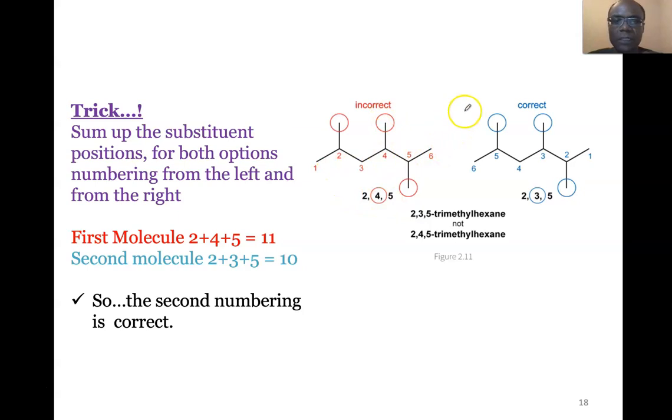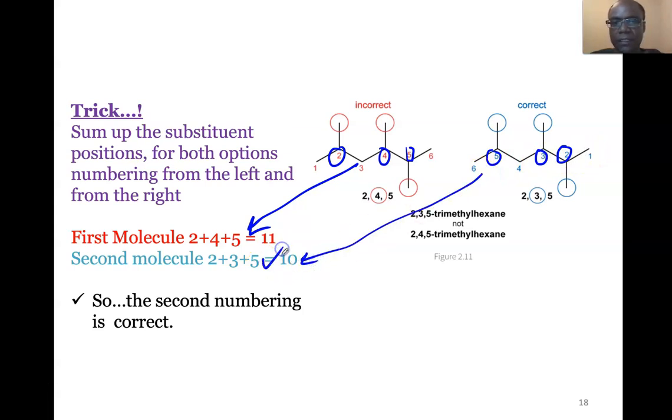Use the same application. So number from the left, right, the longest chain will be 6 carbons. Okay. And then sum up the substituents. So location, the locant position, you have 2, 4, and 5. In red, you get 11. Here you have 2, 3, and 5. Same molecule numbering from the right. Gives you 10.